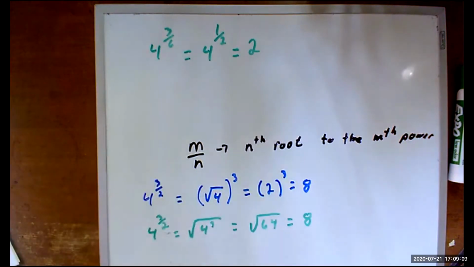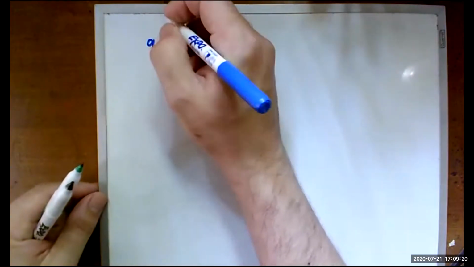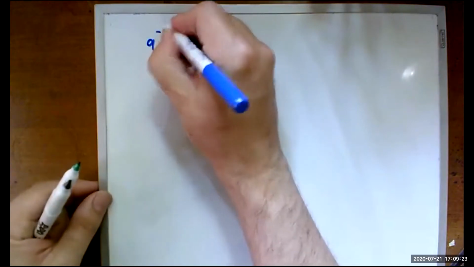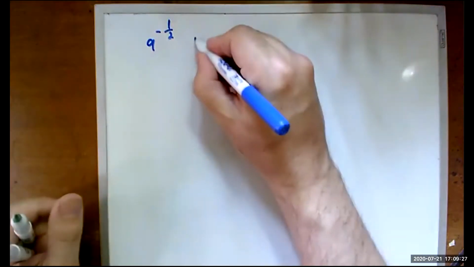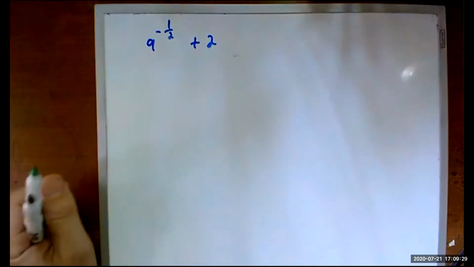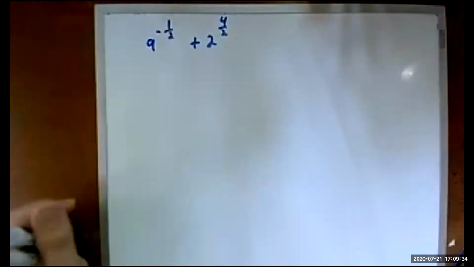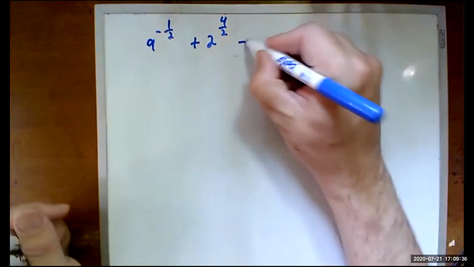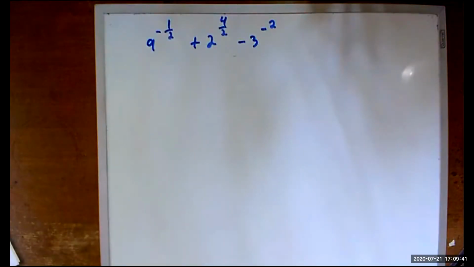Okay, a worked example. Nine to the power of negative 1/2 plus 2 to the power of 4 over 2 minus 3 to the power of negative 2.